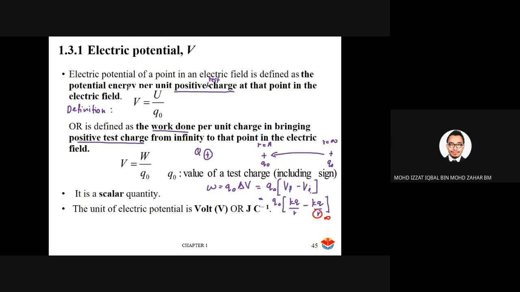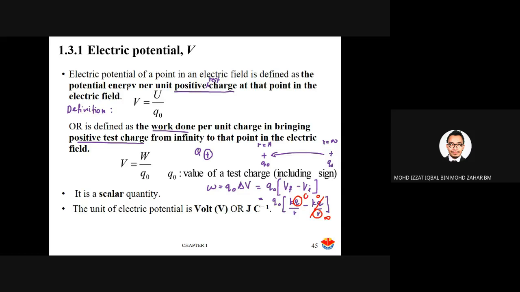If you have a term that is over infinity or over a very large number, that one is actually equal to 0. This one is equal to 0. So if this one is equal to 0, then this is basically just Q naught KQ over R.